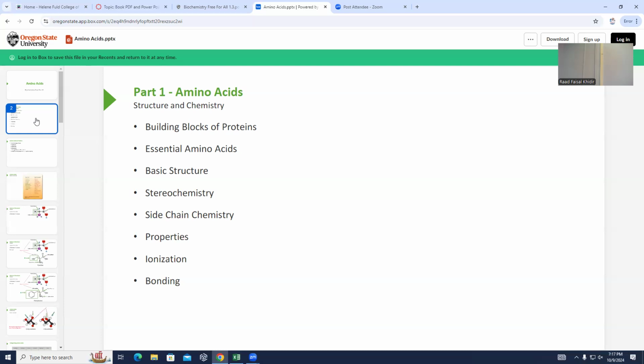Carbonic acid looks like this: H2CO3. That's going to dissociate in blood to give you CO2 plus H2O. And this is known as carbonic acid.